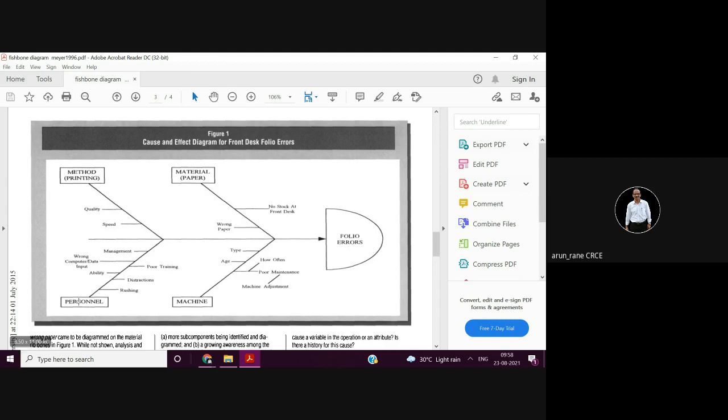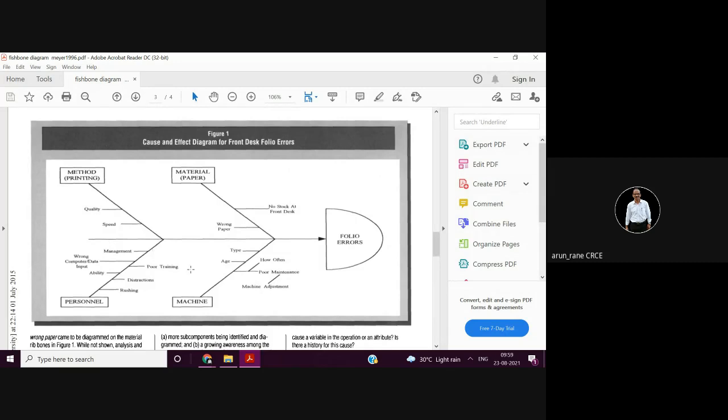Okay, so then you have causes related to the people. As I said, it's not necessary that you write certain factors on the left hand side and certain factors on the right hand side. It depends upon the space. Like now, printing method: speed, quality.